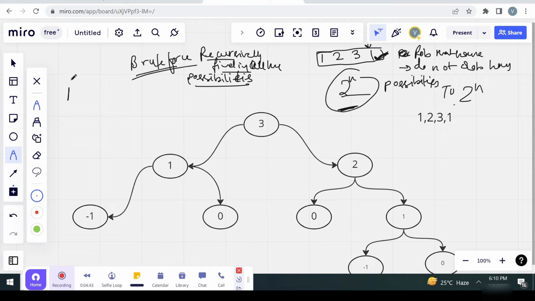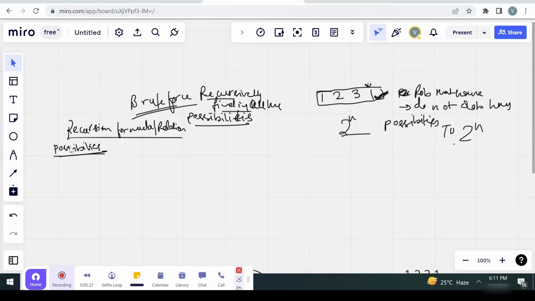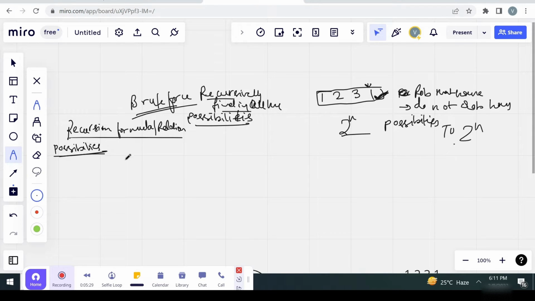So let's see the recursion relation, or recursion formula. What are the possibilities? The first possibility is if I'm robbing the last house.